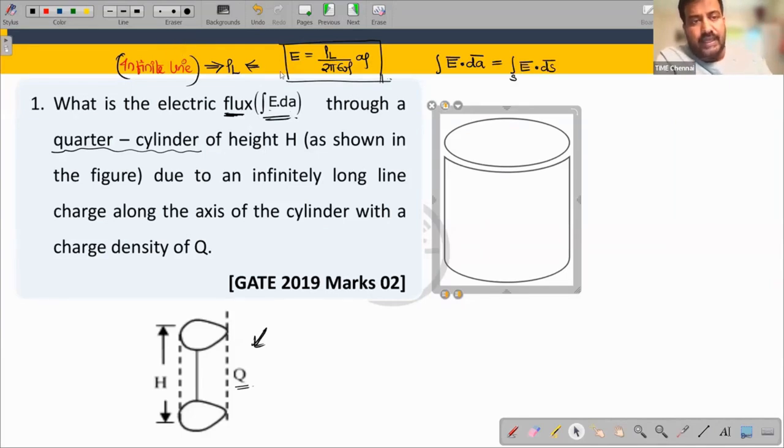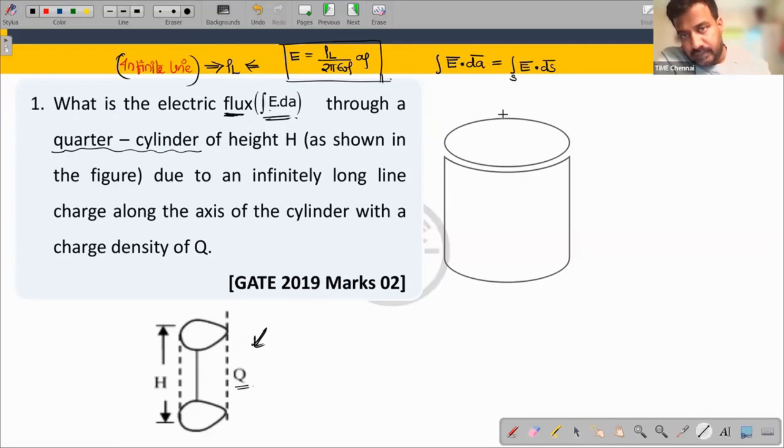If I consider this cylinder and draw an axis to it, then this is 1/4 of that cylinder.